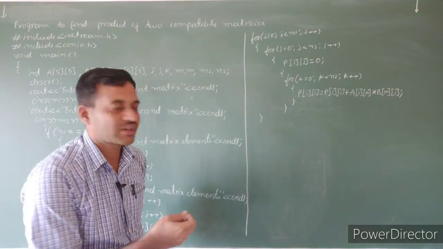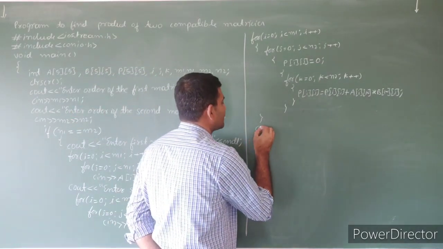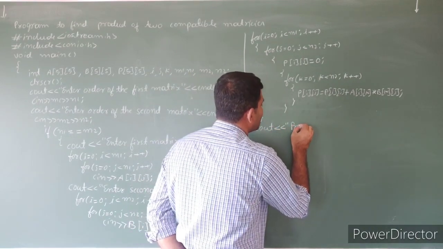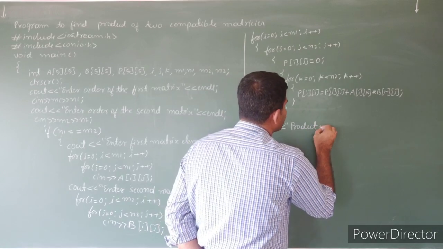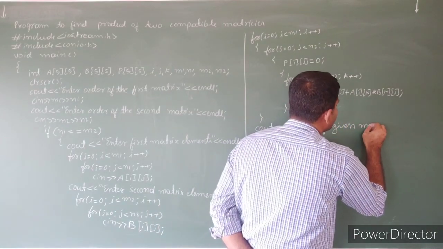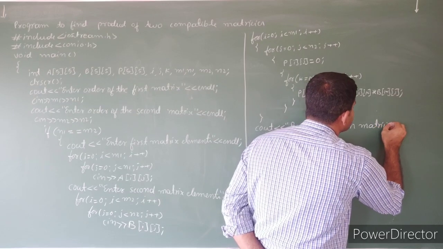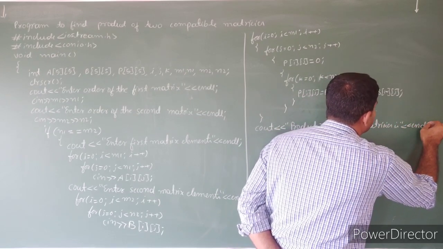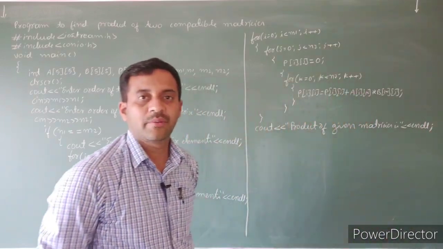After performing the product operation, you have to print the product. So cout: product of given matrices is. Just insert an output command.